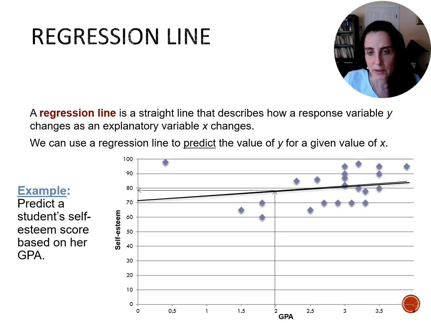Of course, statisticians would never rely simply on eyeballing or drawing lines to predict scores, so there is a much more precise way, a mathematical way, to predict scores on one variable based on the other variable.